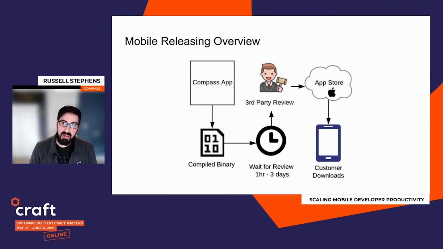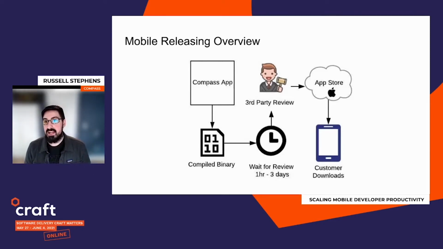Then you go through like a third-party review. So Apple or Google, if you're developing Android, can actually say this is okay to release or this is not okay to release. If you pass that review, then you would go into the actual app store and then your customer would download the app. If at any point during these 6 phases, you discover an issue or a problem or something that causes you to go back and restart, you have to go back and you have to restart this whole process.